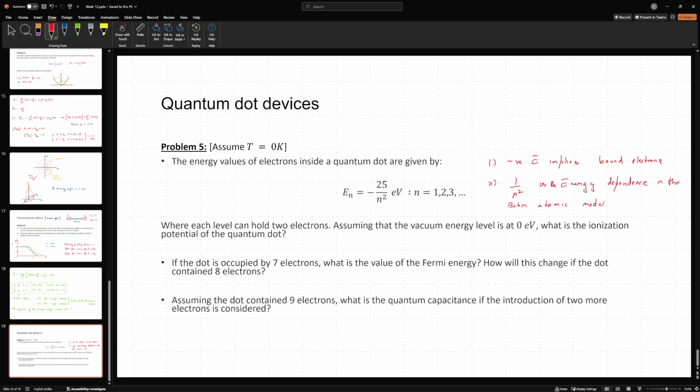Okay, and quantum dots can therefore be treated as artificial atoms. Okay, so vacuum energy is at 0 electron volts, meaning once this energy reaches 0, I can say that the electrons are free. So vacuum energy is essentially the free electron energy level.